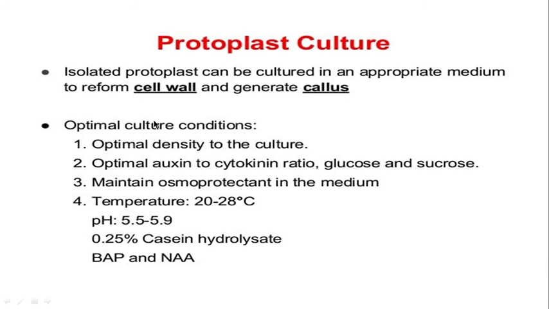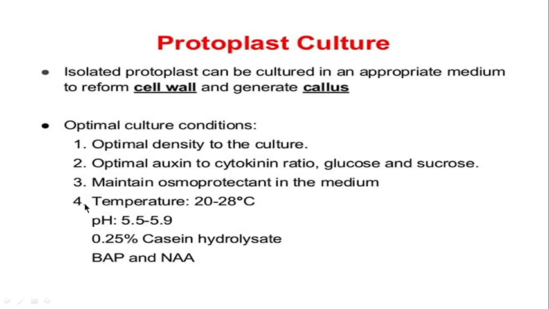And the optimum conditions which are required for that: optimal density should be maintained for the culture, optimal auxin or cytokinin ratio, glucose and sucrose. Auxin and cytokinins are the growth hormones which are added in the culture medium. So the ratio should be maintained. Glucose, sucrose is also maintained in proper concentration.